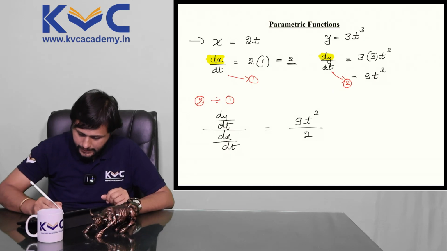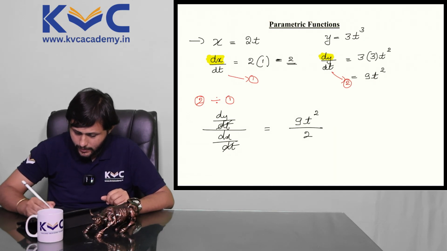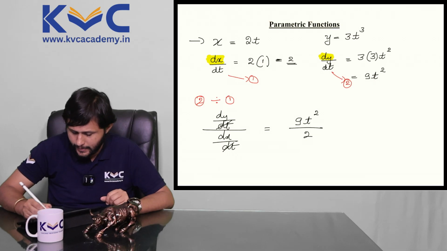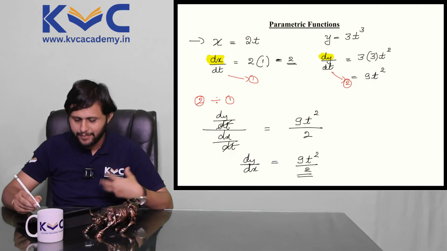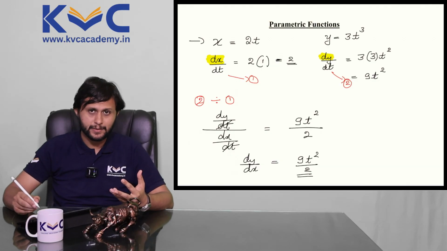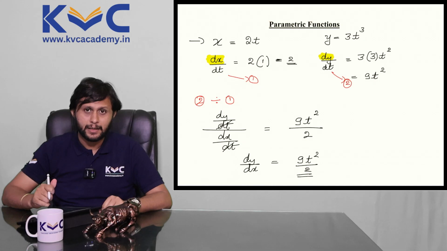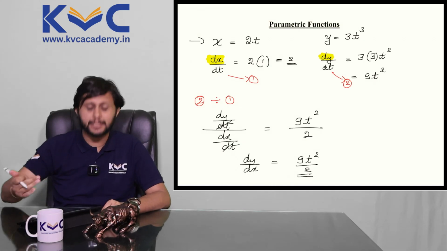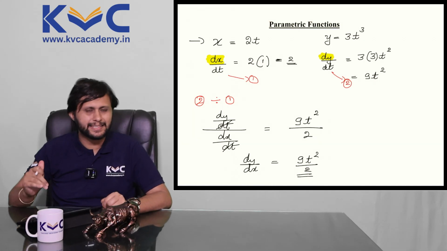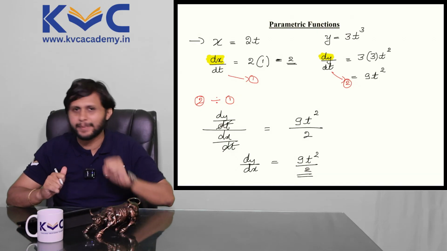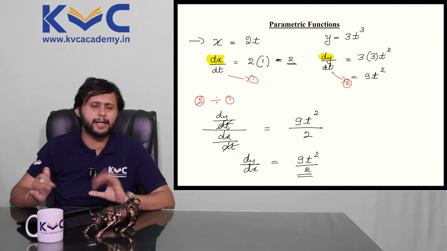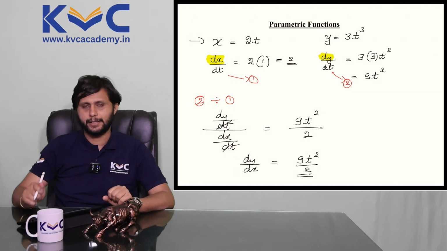We get dy by dx equal to 9t square by 2. Simple, right? So when we have these parametric equations where each variable is expressed using the third variable, questions will be simpler. But we need to do dy by dt separately, dx by dt separately, and then always do dy by dt divided by dx by dt.